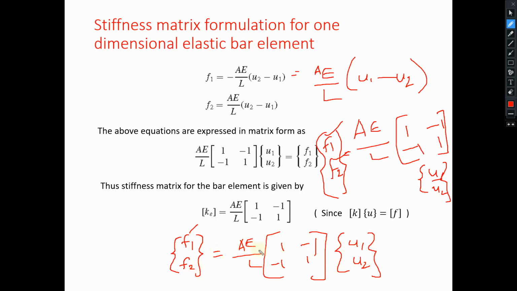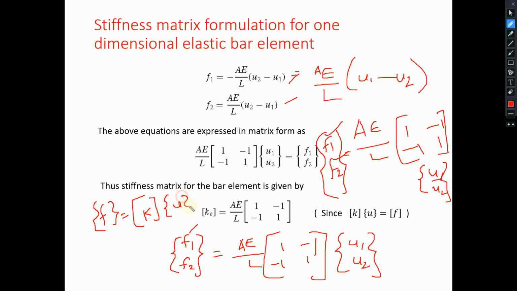F2 is equal to AE by L into minus U1 plus U2. ഈ രണ്ട് ഇക്വേഷൻസ് ആണ് നമ്മൾ ശരിക്കും ഈ മെട്രിക്സ് ഫോമിൽ എഴുതിയിരിക്കുന്നത്. So from this equation we already know F എന്ന് പറയുന്നത് F is equal to K into U ആണ്.